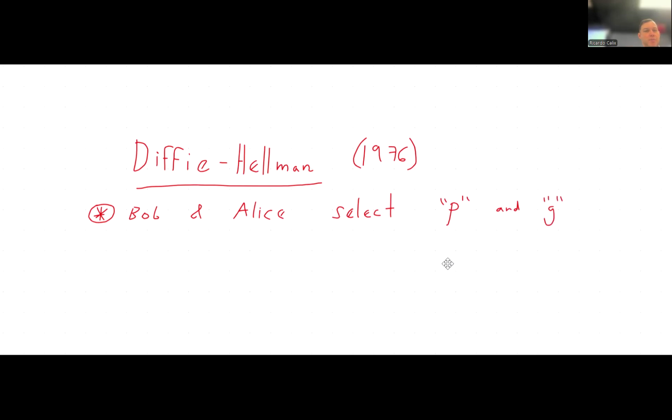So that's the first step. Bob and Alice agree on public parameters P and G.